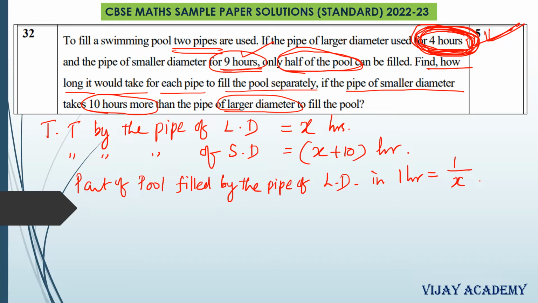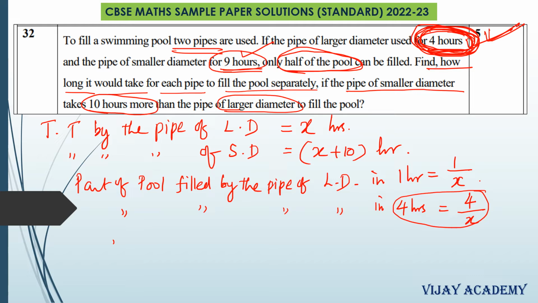So now this pipe is used for 4 hours. So part of the pool filled by the pipe of larger diameter in 4 hours is equal to 4 by x. If that pipe can fill 1 by x part of the pool in 1 hour, then in 4 hours it fills 4 by x.